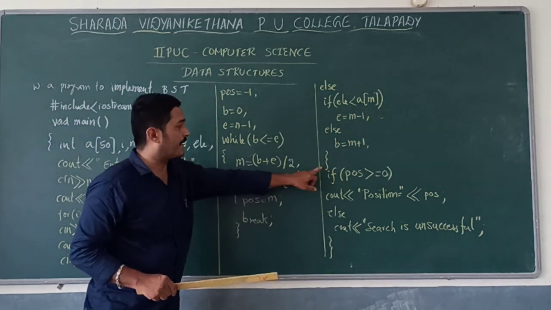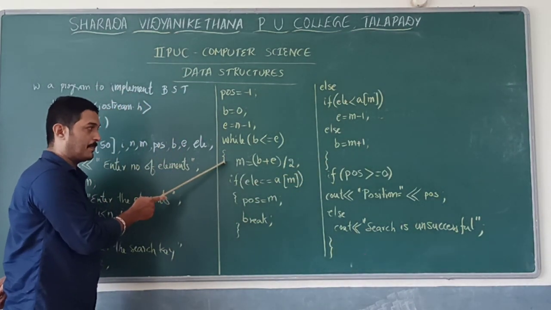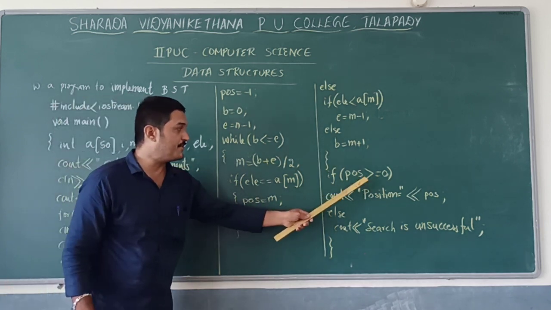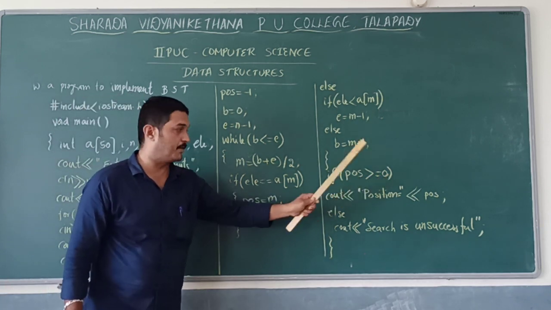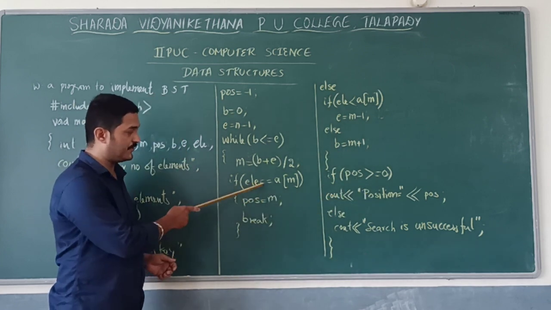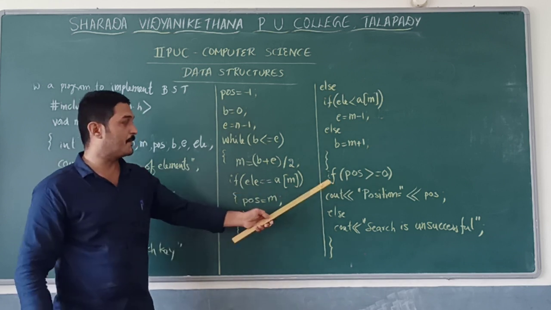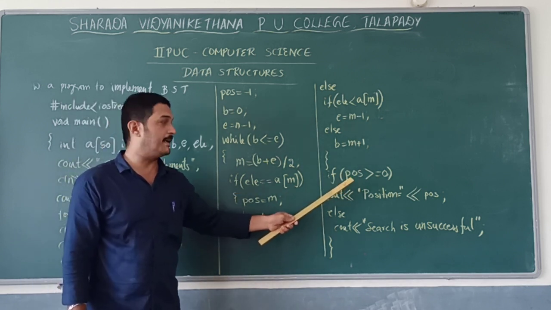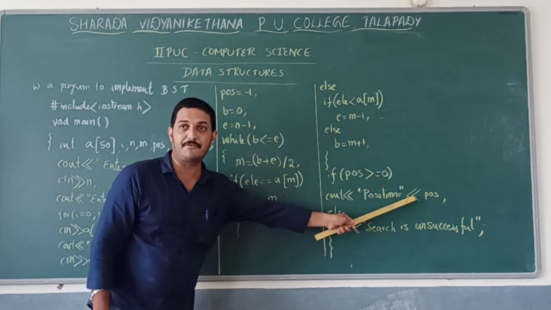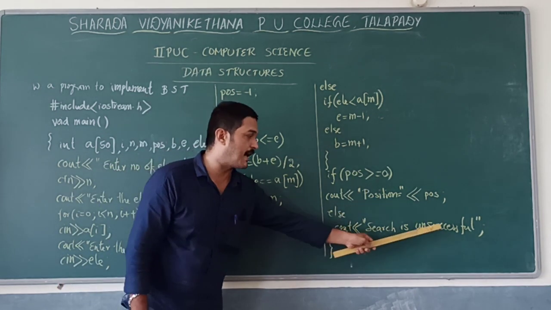Next, close the curly brace. Actually, this curly brace indicates the end of the curly brace that we opened after the while statement. If position is greater than or equal to 0, that means this condition is true, it will come to this particular segment. So if position is greater than or equal to 0, then cout position, we have to specify the position, and else cout search is unsuccessful.